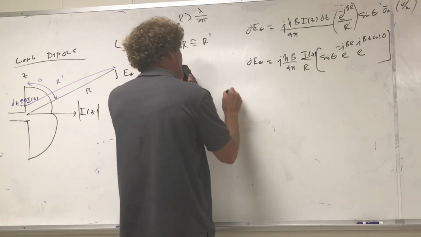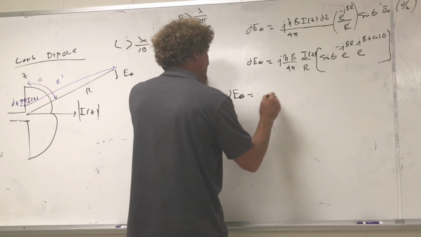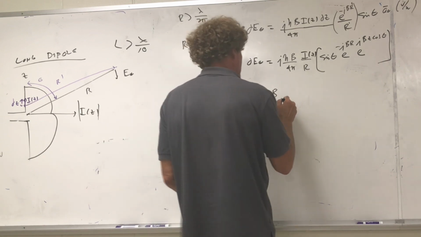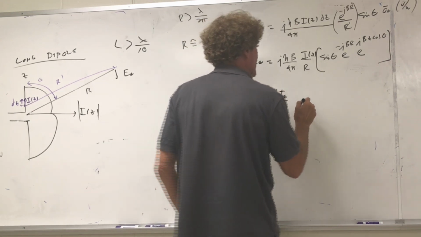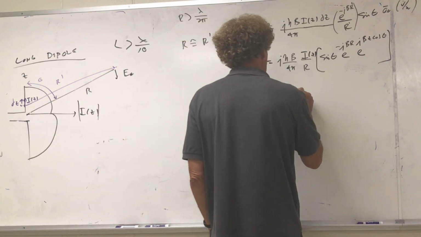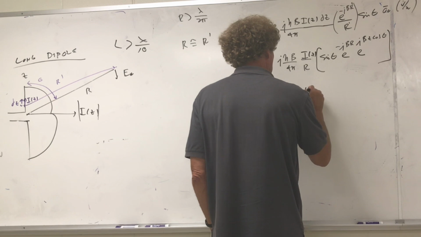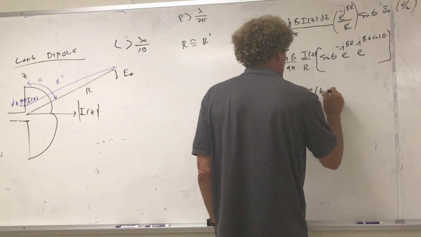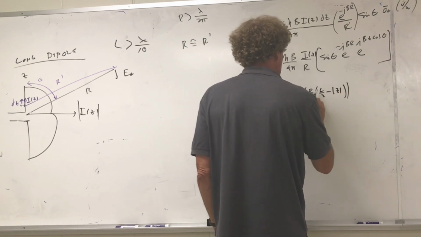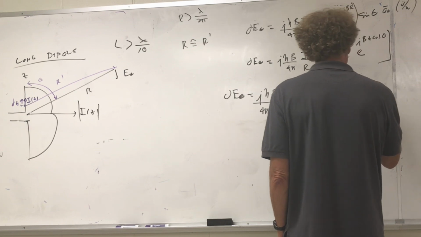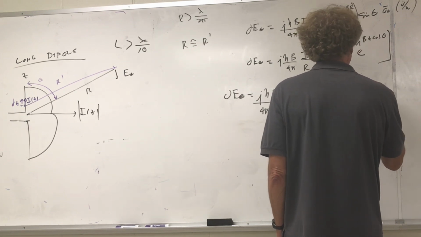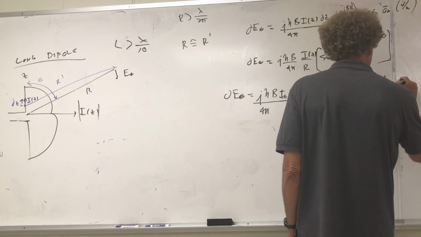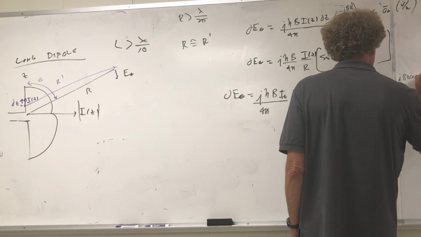So that means I have a differential electric field equal to j eta beta over 4 pi, then I naught, times the sine of beta times L over 2 minus magnitude of z, times the sine of theta, times e to the minus j beta r, and then I'm going to put here e to the j beta z cosine of theta.